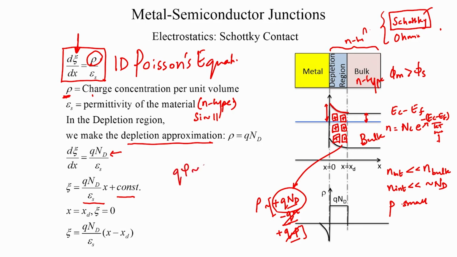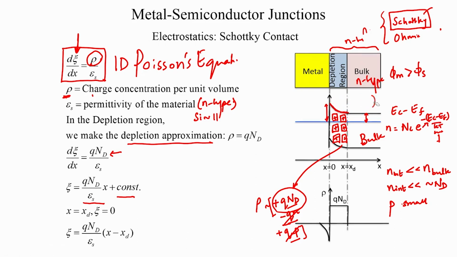So the band bending of these energy levels is equivalent to the existence of a potential that varies with distance. So the potential is a function of x, and therefore there is an electric field. Whenever you see a bent band, it means that there is an electric field in that region.